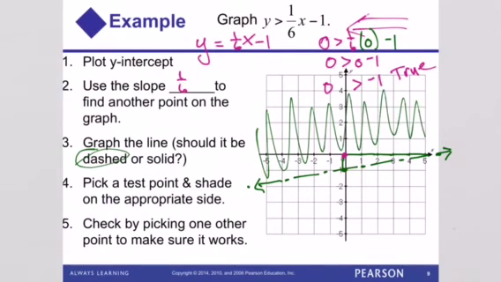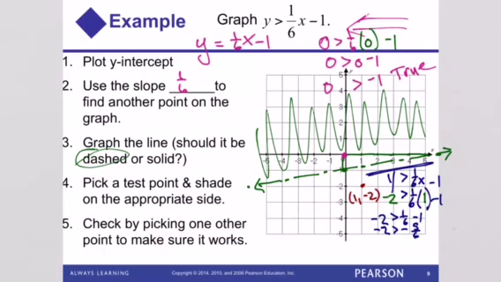Now if I want to double check it, I can pick a point down here. Let's say 1, -2, and I can plug it in and verify that it doesn't work. If you look down here in the bottom, I took the point 1, -2, and I plugged it in, and I came out with -2 is greater than -5/6.